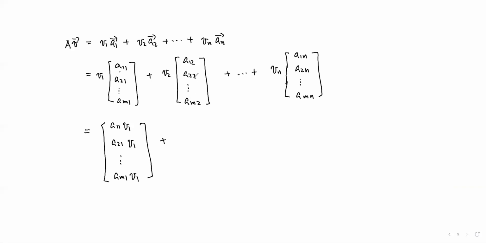Plus the second term, A12 V2, A22 V2, and AM2 V2, and so on. The last term, Vn times this vector, this number, a scalar, times all entries.